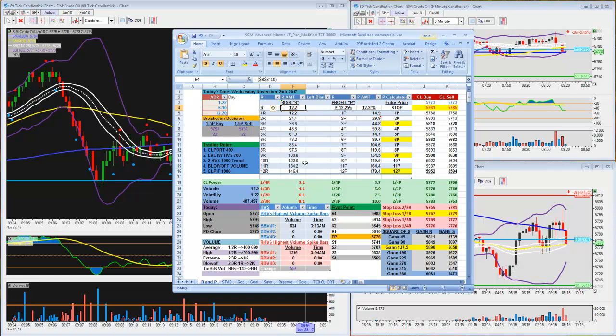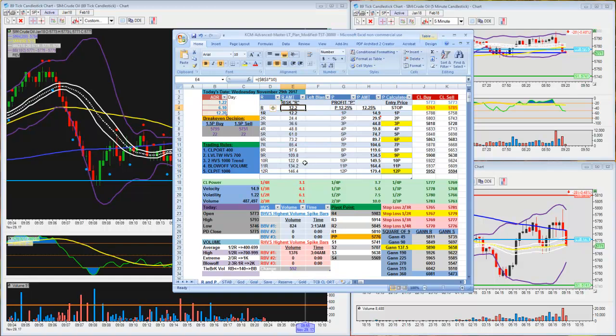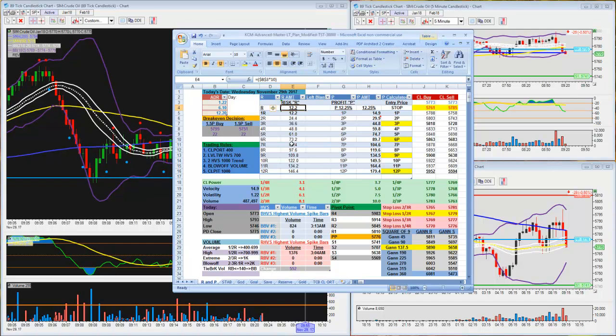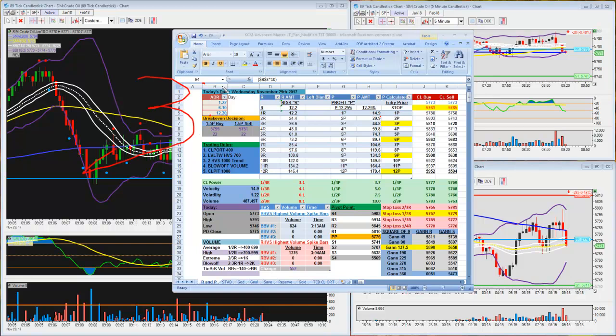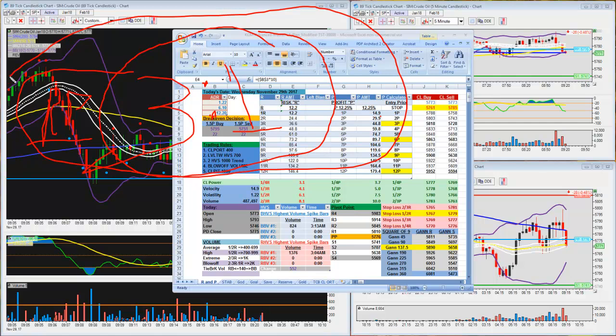So if you got your handy dandy calculator out, 45 divided by 13 is 3.46. Now remember, this strategy is to get you at least a 3-to-1, that's its goal to start with, risk to reward, or reward to risk, however you want to look at that. So that's the goal in this particular strategy.